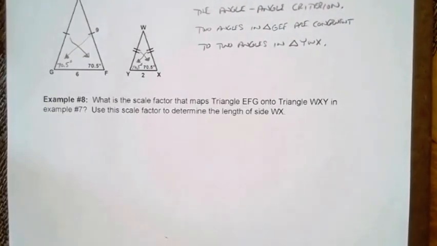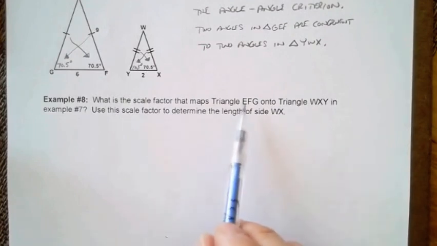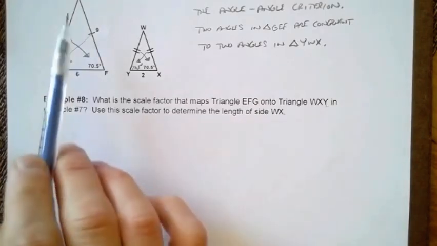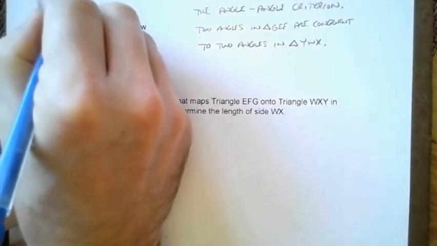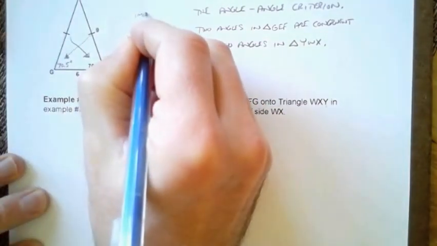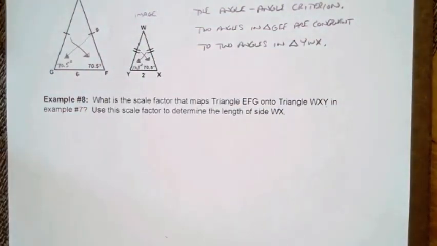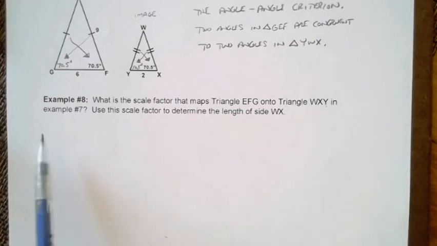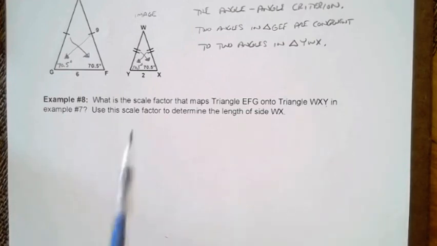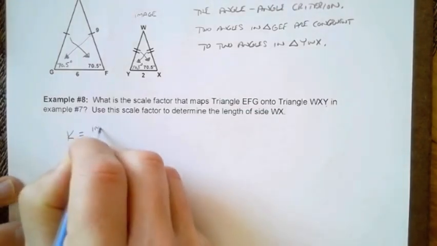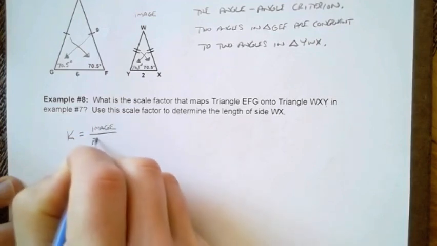It says, what is the scale factor that maps triangle EFG onto triangle WXY? So this is my pre-image, and I am going to map this triangle onto WXY, which is going to be the image. What's that scale factor going to be? Let's see what we can figure out. K, the scale factor, is the image length over the pre-image length.